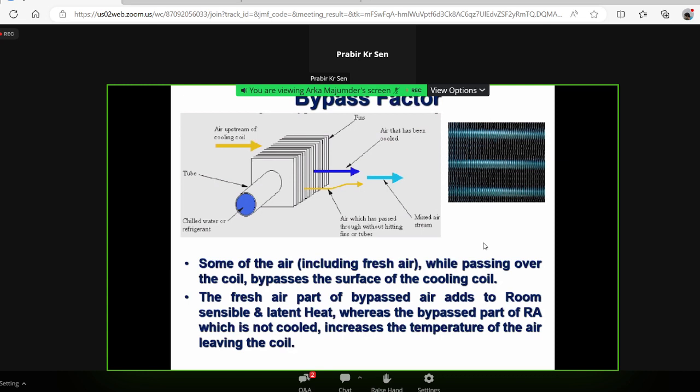So part of that also bypasses, and that part of the outside air comes to the room directly through the ducting. So it adds heat load in the room directly. It adds both sensible heat, from the high temperature of 42 or 43 degrees centigrade a few days back in Calcutta, and also the moisture part.